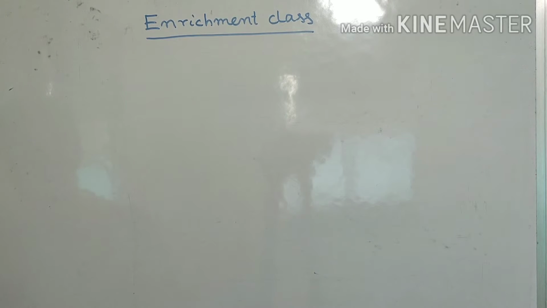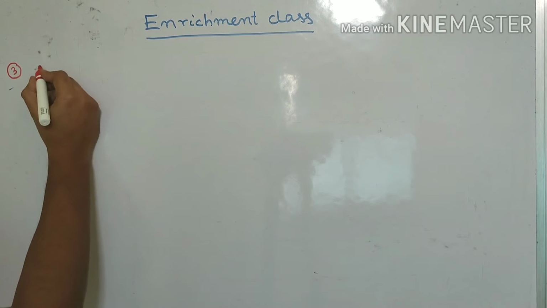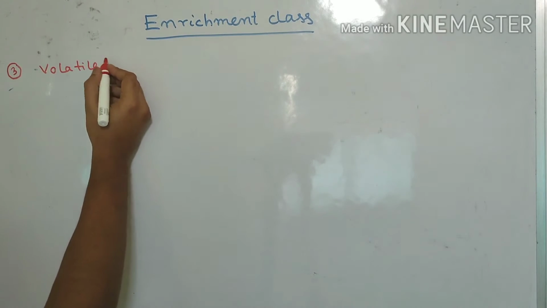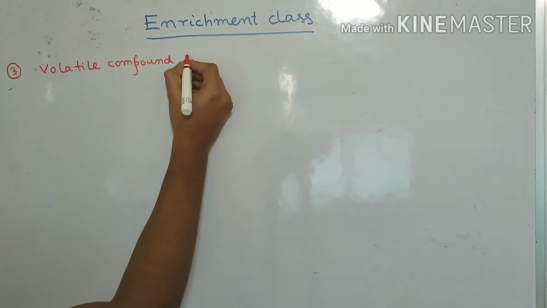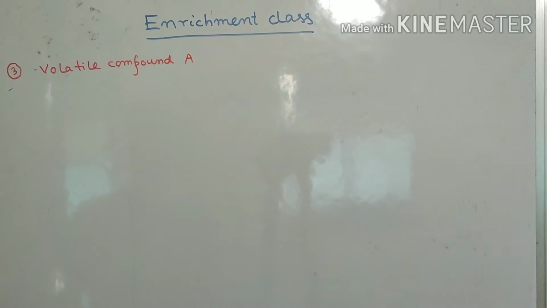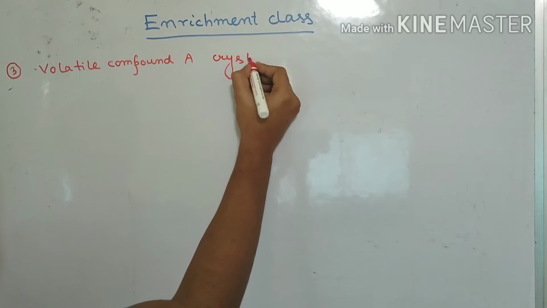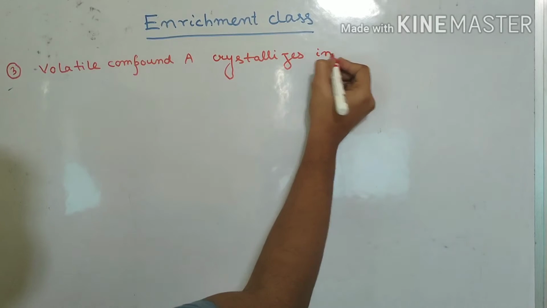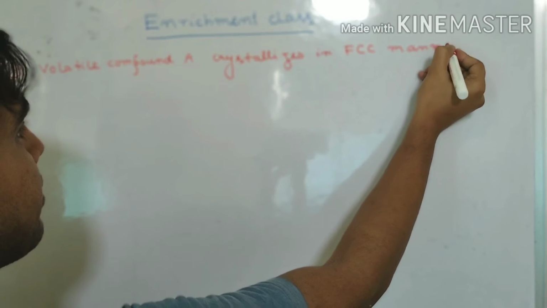Question is, as I have said, it's an absolutely different type, definitely advanced level. So it's the third one for today. A volatile compound A crystallizes in FCC manner.